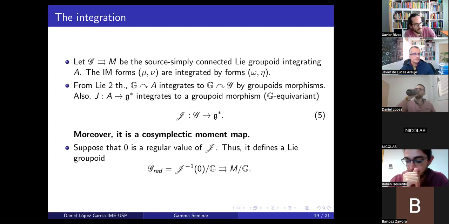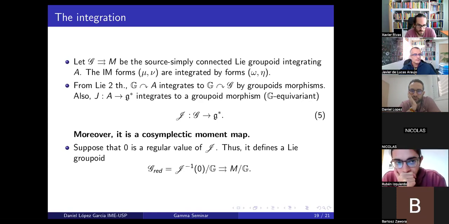The choice of the 0 level of the moment map of the Lie algebroid is indeed in order to integrate, because if you have a level different from 0, you cannot integrate to a groupoid. That's the reason. In the case of the group, you get a subgroupoid. It's the same here. You take the 0 level to get a subgroupoid that will be the part of the quotient in the cosymplectic reduction on the groupoid level.